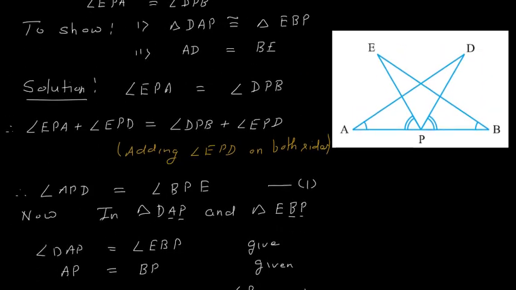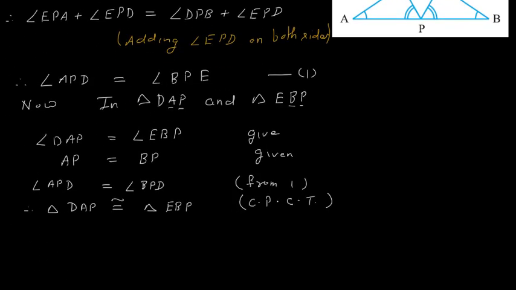AD is equal to BE. So here AD. Therefore, we will say that this AD is equal to BE. They are again corresponding part of congruent triangle, and here above this is not CPCT, this is angle side angle criteria.